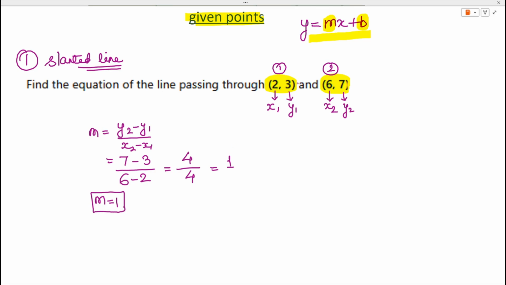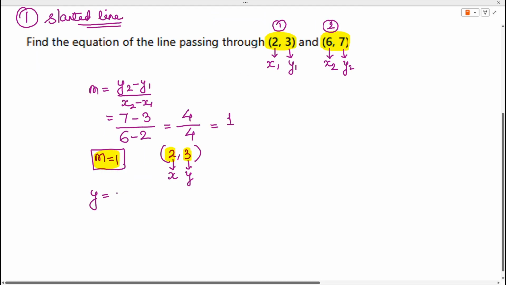Now we are going to use any one of the 2 points. It doesn't matter which point you pick, you'll still get the same answer. I'm picking the point (2, 3), so 2 is the x value and 3 is the y value. We substitute the value of m, the x and the y in the equation y is equal to mx plus b.